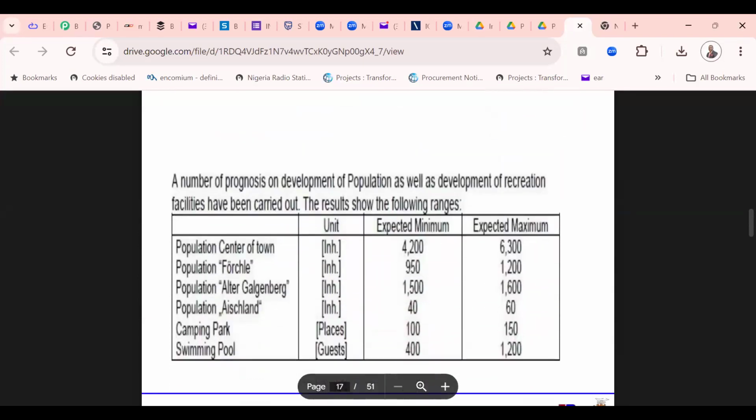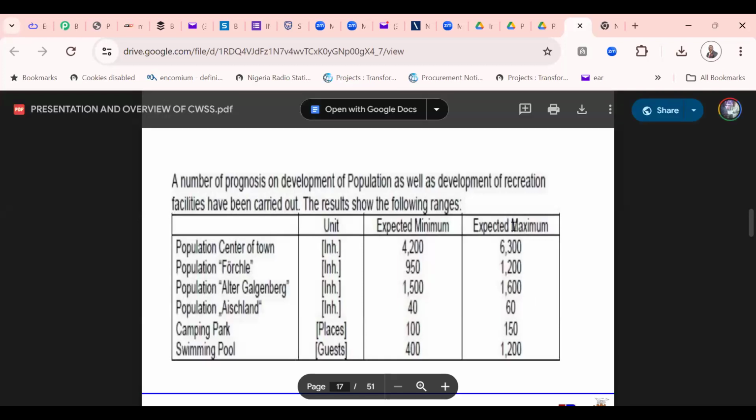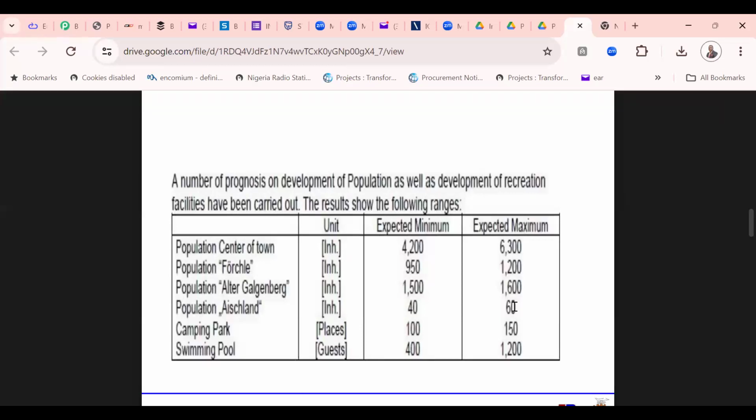Then the next thing you do is that you distribute this population and town into what is the population now and what is the population in the future. Remember, we are using the future population for calculation. Don't forget that, please. But it is good to know what is here, so you apply the appropriate population growth.